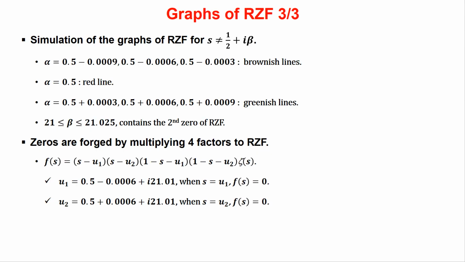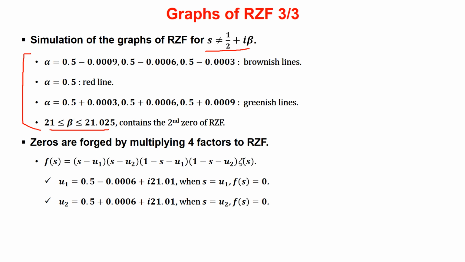The third graph shows the simulation of the graphs of the Riemann zeta function for s, which deviate from the critical line. The conditions for alpha and beta are the same as before, and the range of beta contains the second zero of the Riemann zeta function.